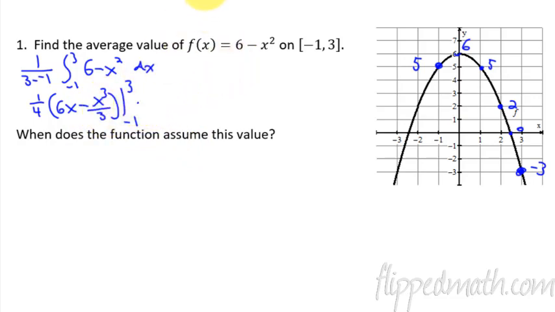I'm going to draw an arrow up here to say that I'm continuing on. So I'll leave this 1/4 in front, and then plug in the 3 first. So 6 times 3 is 18, minus 3 cubed is 27, divided by 3 is 9. Okay, I'm taking some shortcuts, doing some mental math here. And then minus, and I'm going to put brackets around this because it's got to be 1/4 times this whole thing.